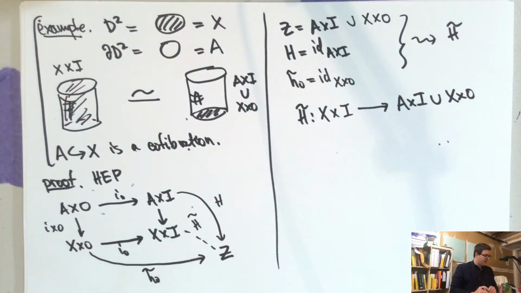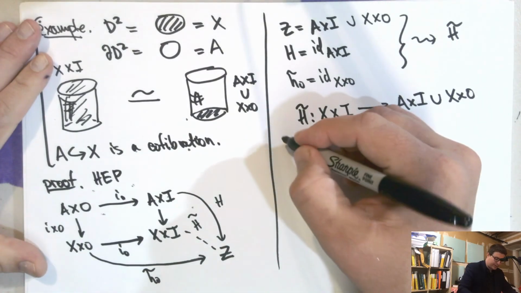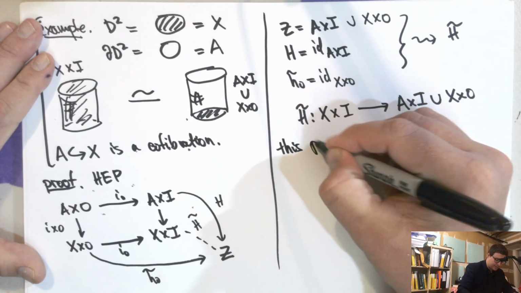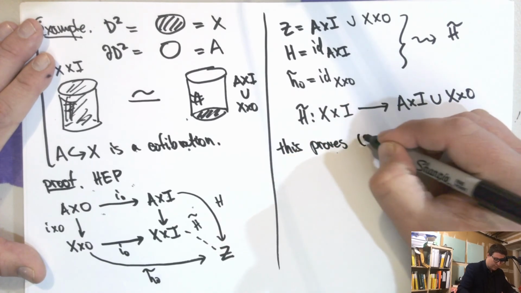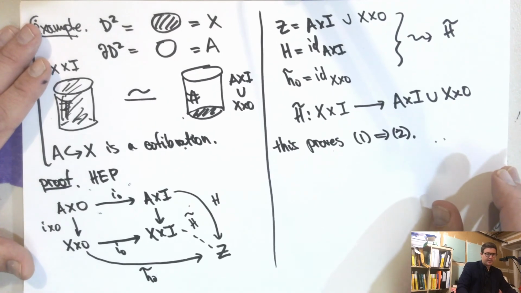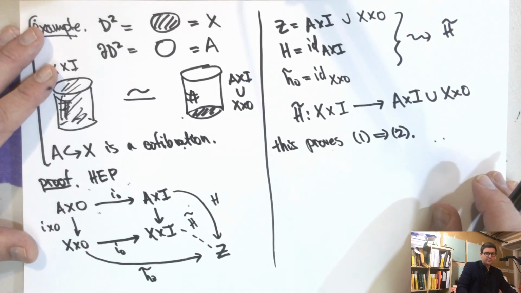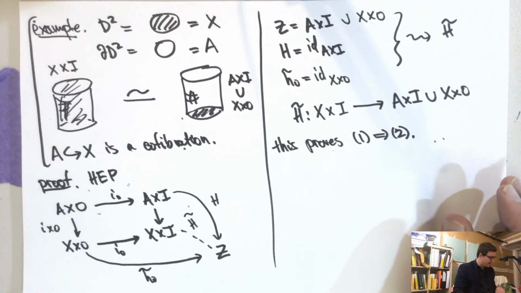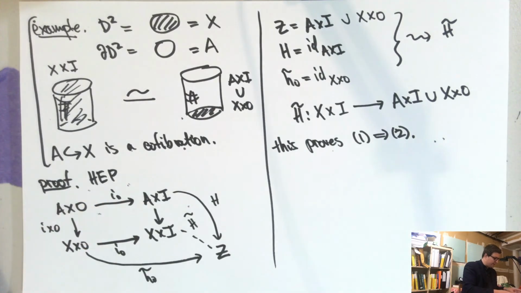And so now, this proves that 1 implies 2. That is, that being a cofibration gives you the deformation retract.